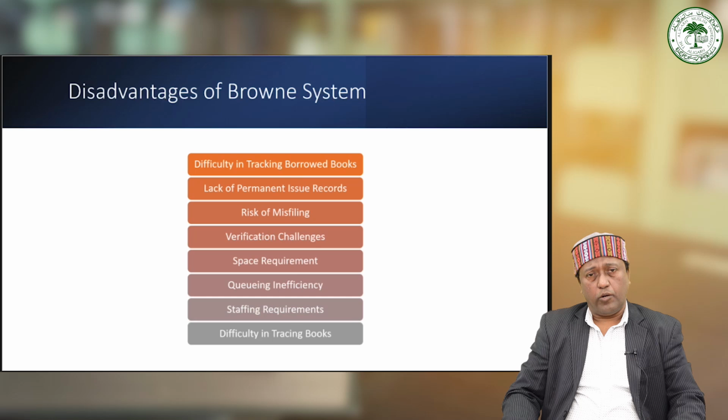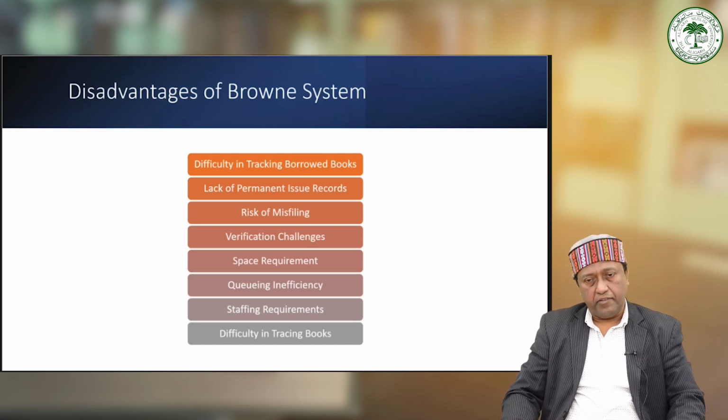And I told you the biggest drawback is that if the person sitting at the counter is not checking the identity of the reader, then it can be misused. Or if the book card is not correct, it can create a lot of chaos. Or if the book card, at the time of issue with complete embossing of the due date and inserted in the reader's ticket, is filed at a wrong place, that also creates a lot of chaos.